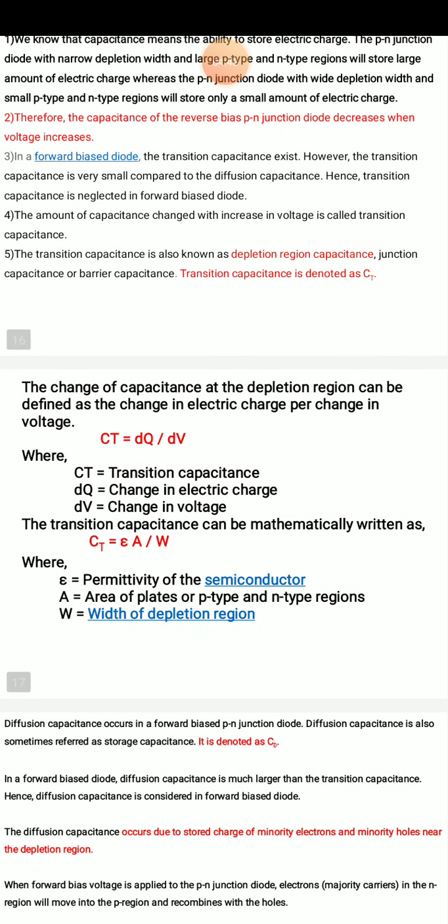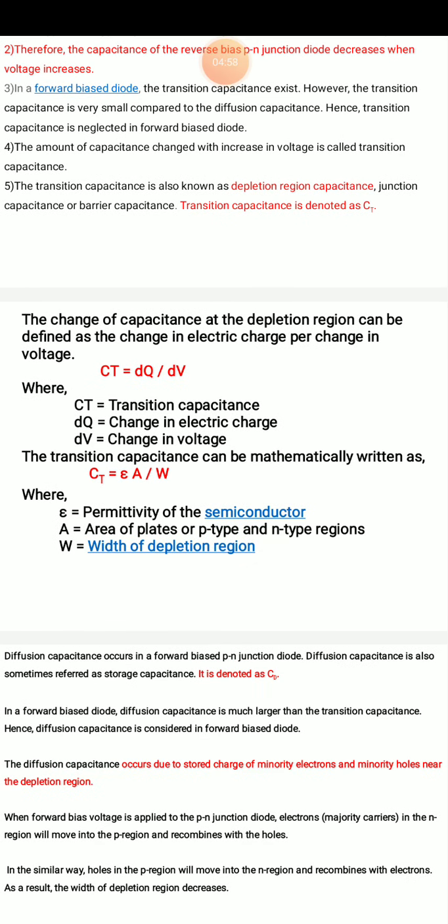Next, how can we calculate this CT value? We have a formula. The change of capacitance at the depletion region can be defined as the change in electric charge per change in voltage, that is, CT can be measured with dq by dv.